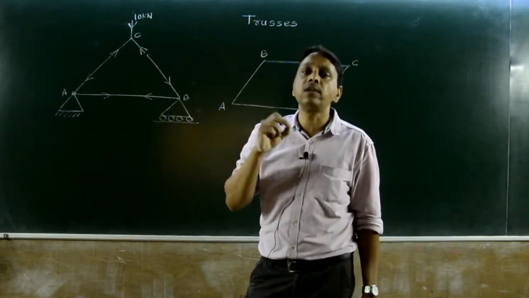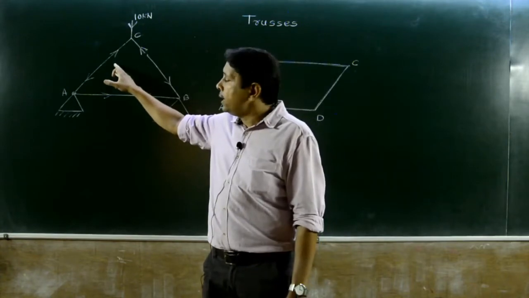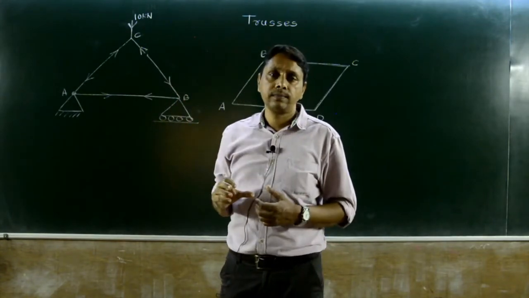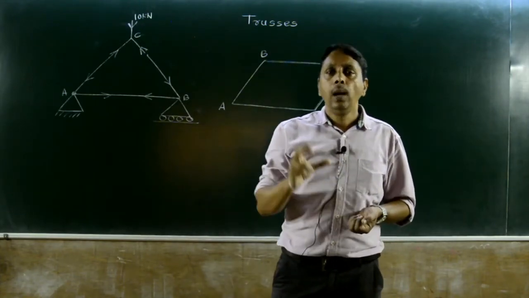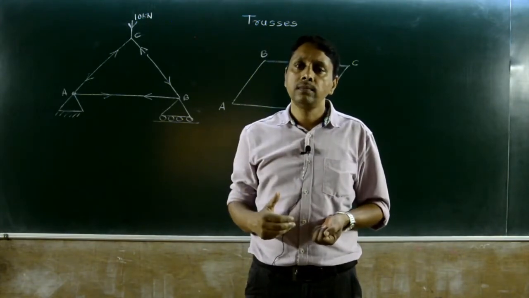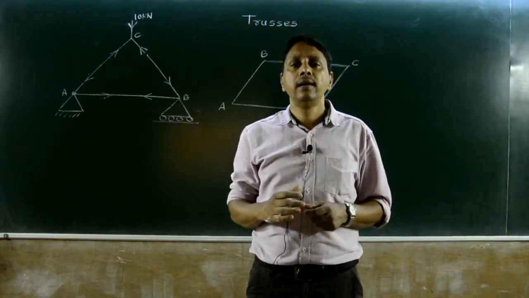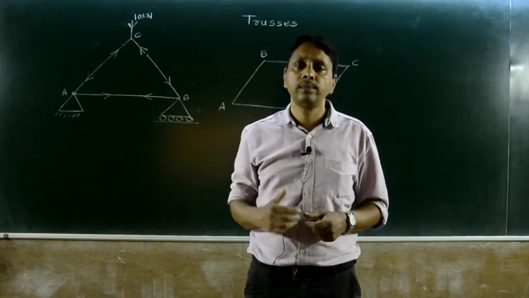We have to find the nature of force developed in each member of a truss. For that there are two methods: method of joint and method of section. We will discuss their theory and assumptions with numericals in the next videos.